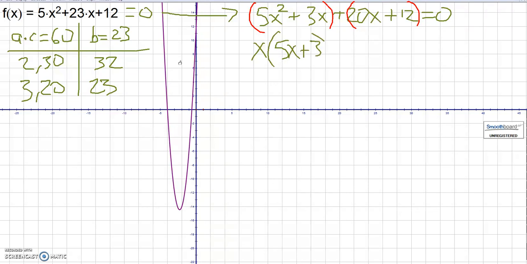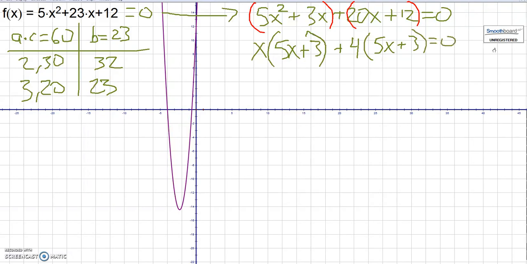I just dealt with this part to get this. Then I do the same thing here. What do 20x and 12 have in common? They have a 4 in common, and I'd be left with a 5x plus 3. If I'm doing this process correctly, I should see the same things appear in the parentheses. That means I'm doing it right.